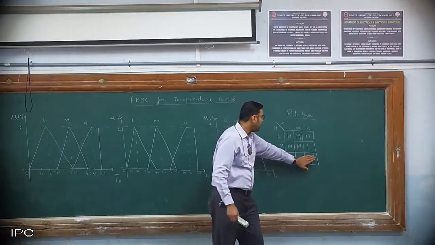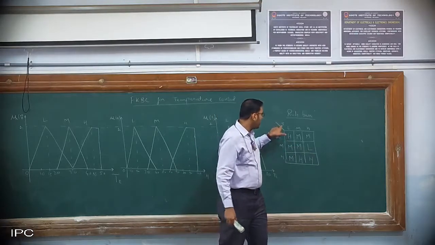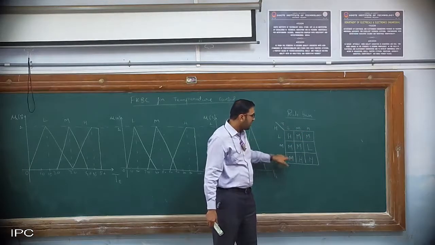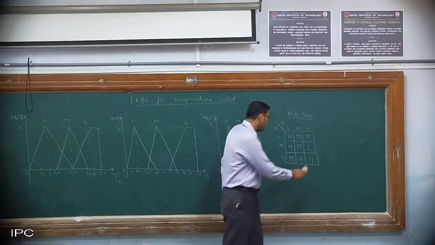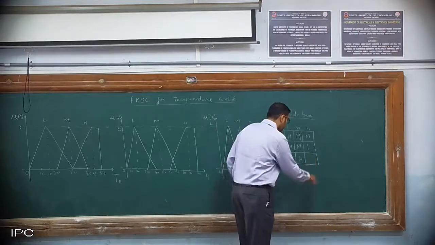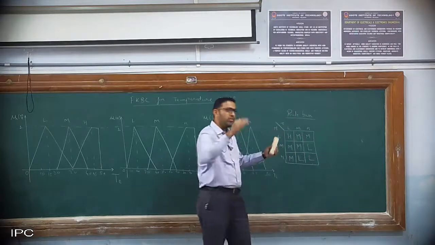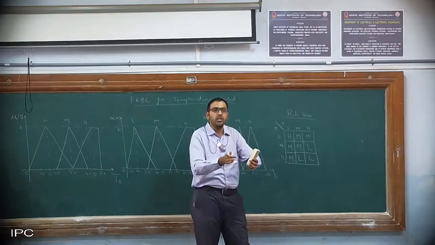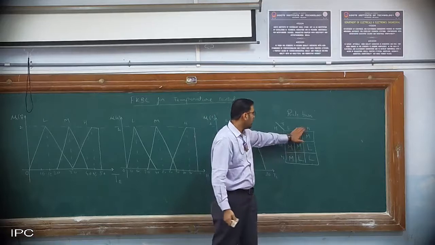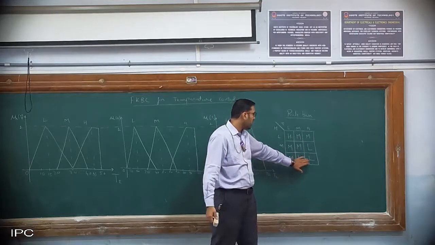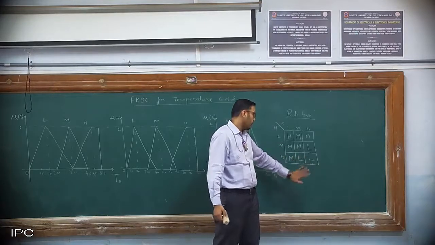For example, in this case, if the external temperature is high and humidity is high, then the internal temperature should be low. By mistake I have written high, but if the external temperature is high, you want the internal temperature to be lower. So if the external temperature is high and the humidity is high, in that case what we want? We want it to be low.